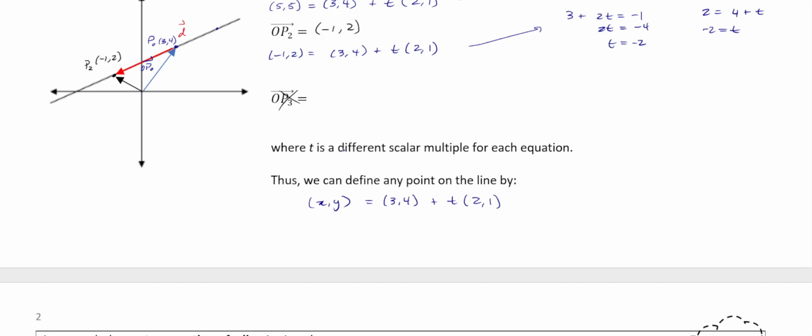Okay, and so we can also say this, xy is equal to OP naught plus t times the direction vector, where t is an element of all real numbers, some scalar value of t.